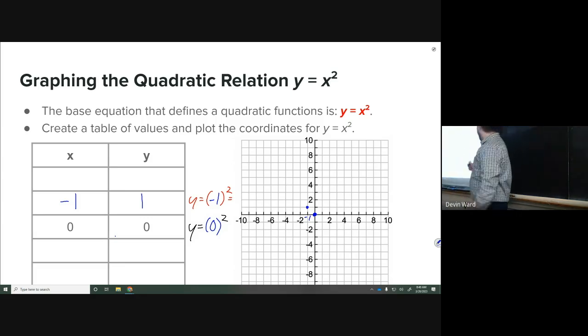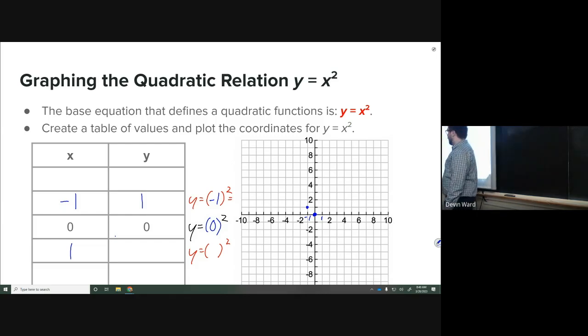So 1 to the left, now I want to move 1 to the right. And 1 to the right would just be +1. So now I'll try x is +1. So I go y equals x squared, but now my x is 1. So I'll sub in 1.